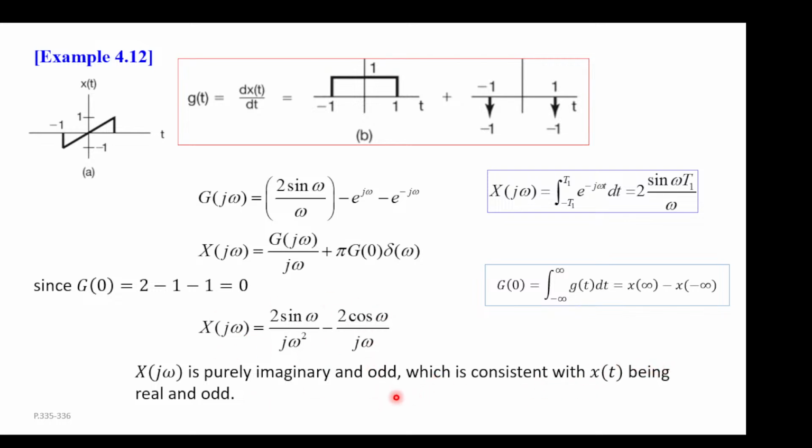That checks out with x of t being a real function, because we only plot on the real line, and this is real and odd. Okay, so this checks out. You have a real and odd function, and its Fourier transform is purely imaginary and odd. Okay, is everyone okay with this example?